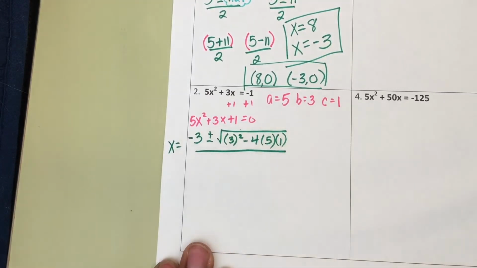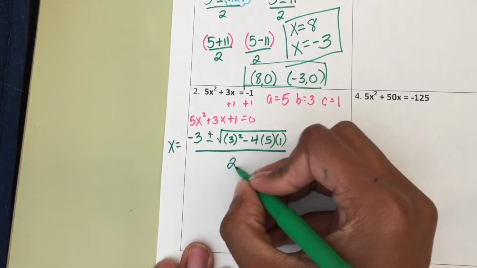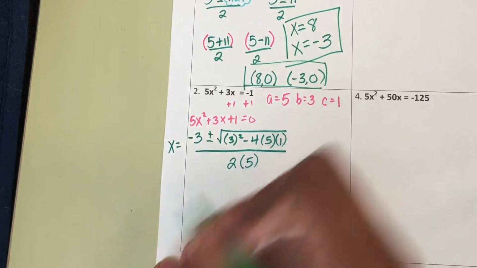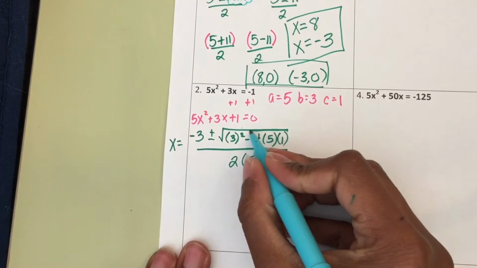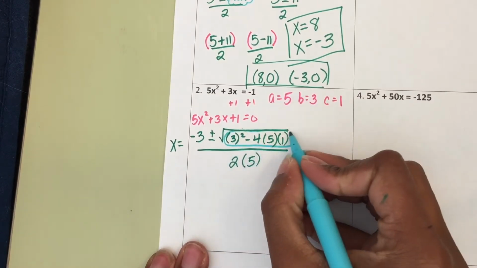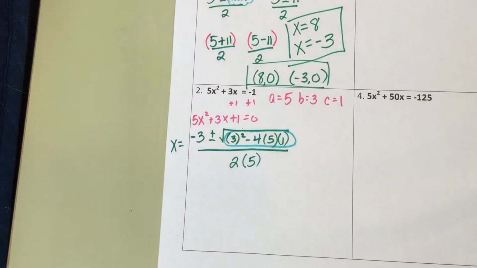And then divide by 2 times a. Okay. And then again, we will work this out. I would just type in the discriminant first. So the part underneath the square root. Do not type the square root in. This is the problem of why it matters. But again, you can choose. I will show you what happens.